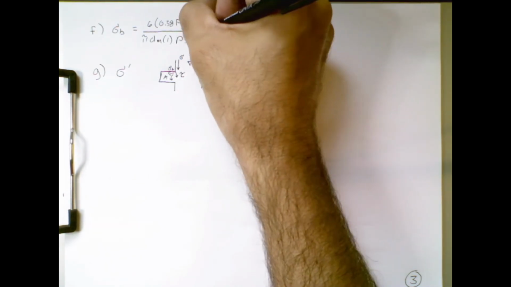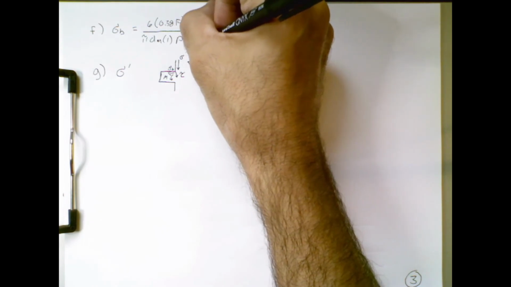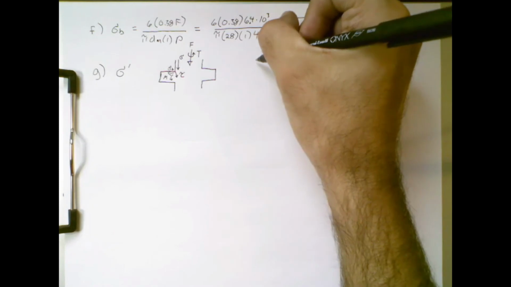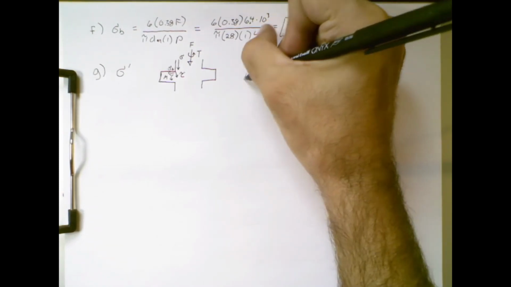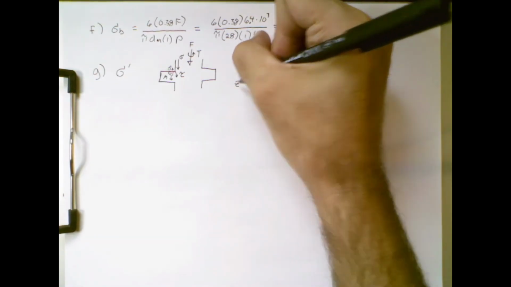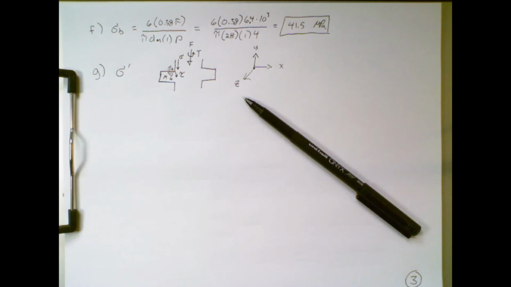Some of these stresses are due to this axial force, and then also due to this torque. If we use a coordinate system labeled this way, X, Y, with Z out of the page, I should point out that in the 9th edition of the textbook, at least, there is a typo. It says that Y is into the page, but it's actually Z that's into the page.